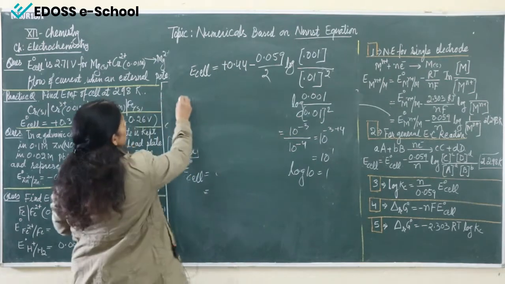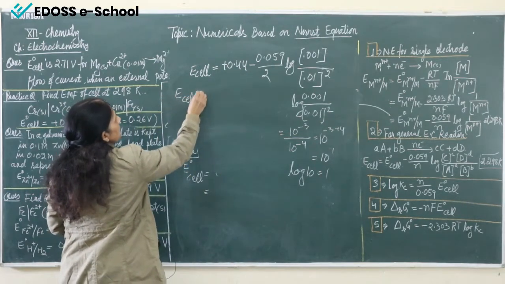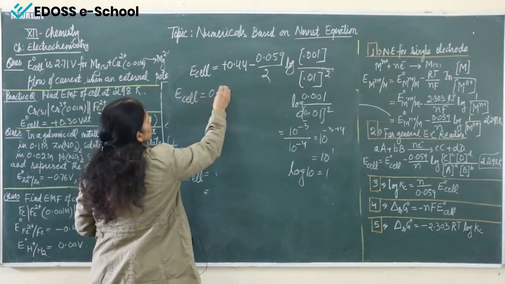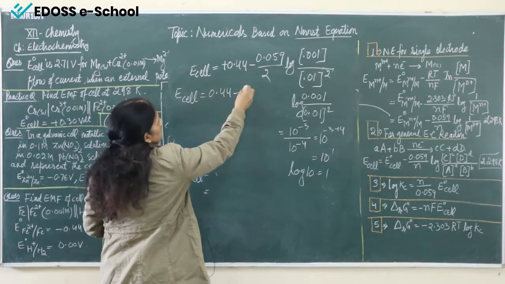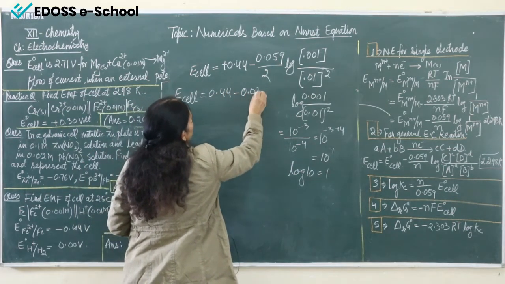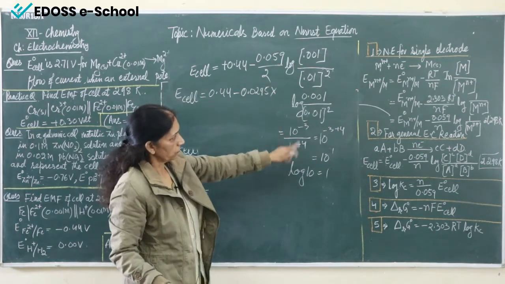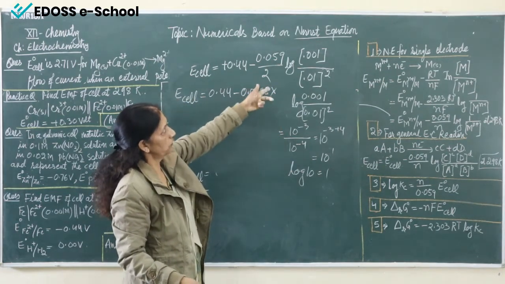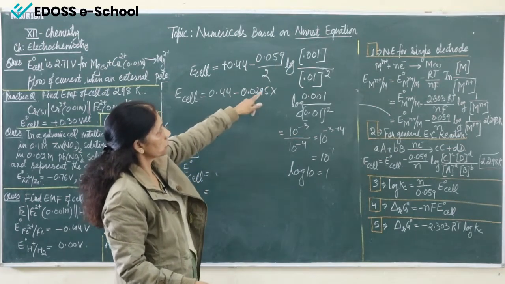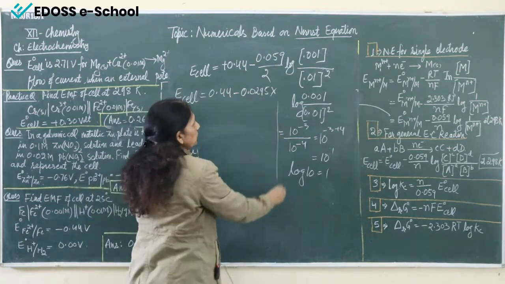Now this is a very simple question. E of the cell is equal to 0.44 minus 0.0295, and in place of log you can put the value we have already calculated. You have to show it in the examination, but I have shown it to you in rough here.